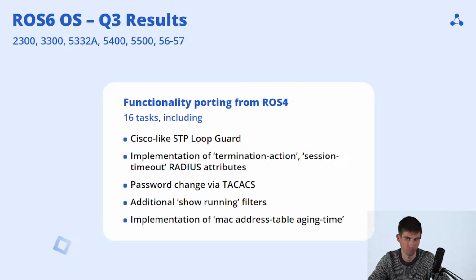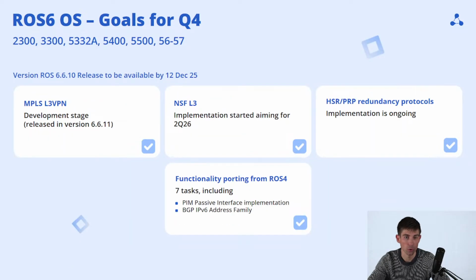As far as the goals for the next quarter, there are a few of them. I already mentioned NSF L3, aiming for the middle of 2026, and also MPLS L3 VPN is at the latest stages of development. It is not too far from being released as a stabilized version for early adopters.